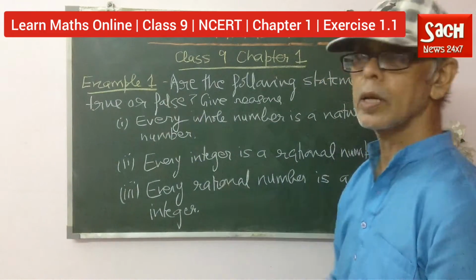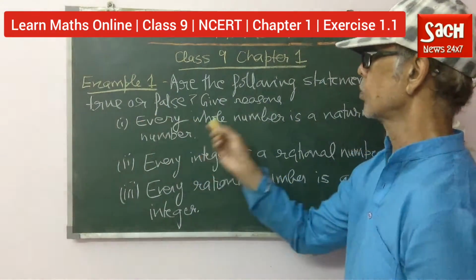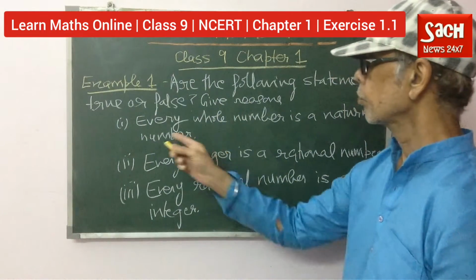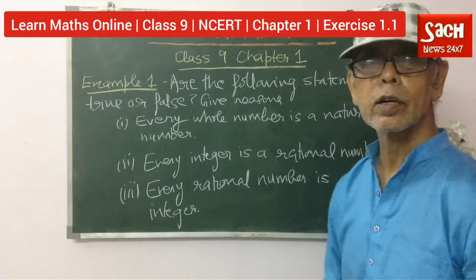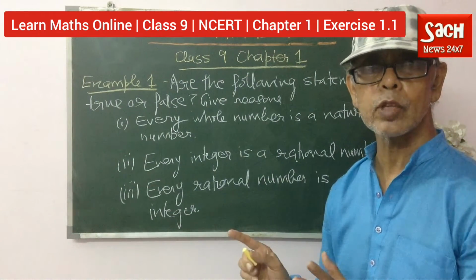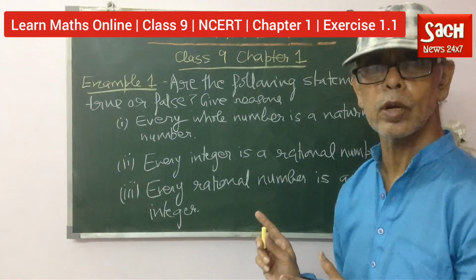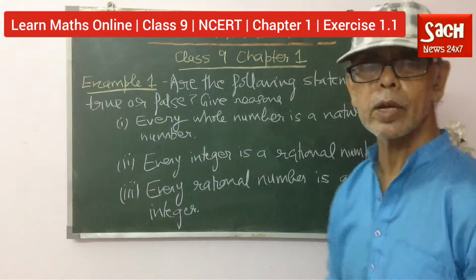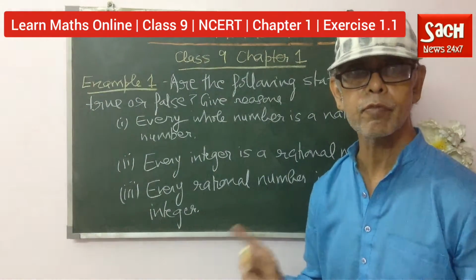The first example is: are the following statements true or false? Give reasons. First, every whole number is a natural number. What is a whole number? A whole number begins with 0: 0, 1, 2, 3. These are whole numbers. And what is a natural number? A natural number begins with 1: 1, 2, 3, 4.